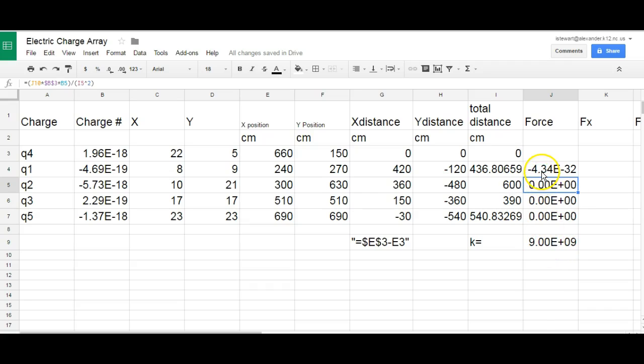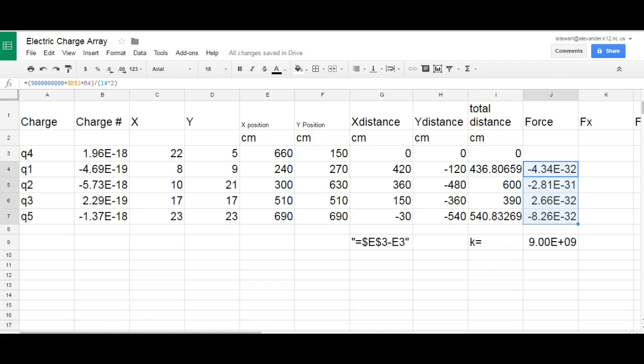I didn't add the dollar signs for J, so I need to dollar sign that J. Or what I'm going to do is just call this 9E9. That way it's already calculated, and it actually calculates it for me as 9 bajillion. So I'm going to drag that one down. And there are my forces.